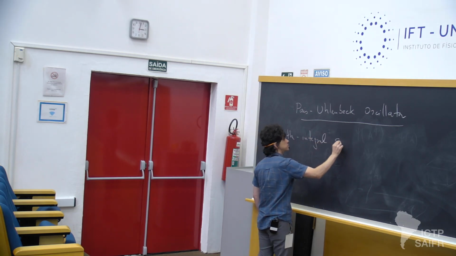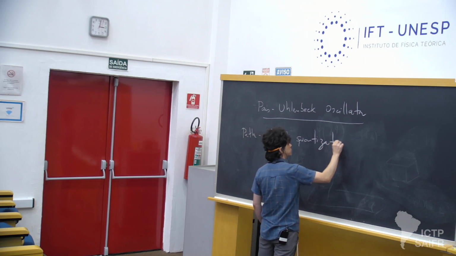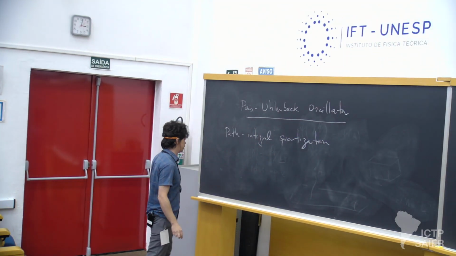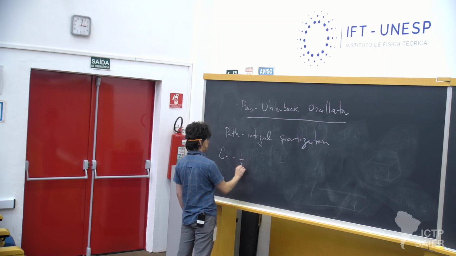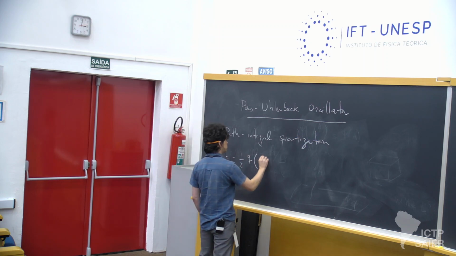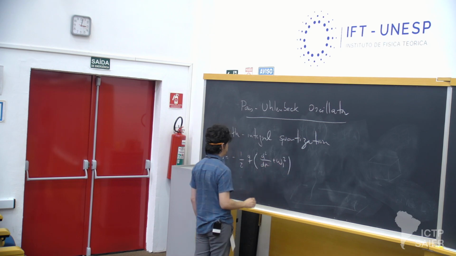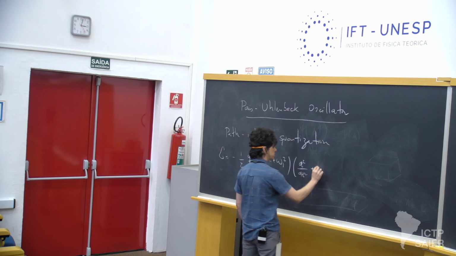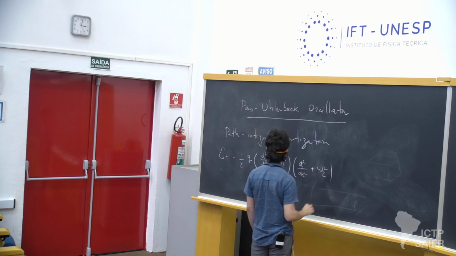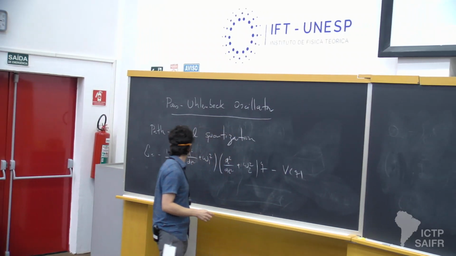So let's just remember the Lagrangian of these guys. It was something like that: omega 1 squared, d squared dt squared, plus omega 2 squared, q minus V of q.